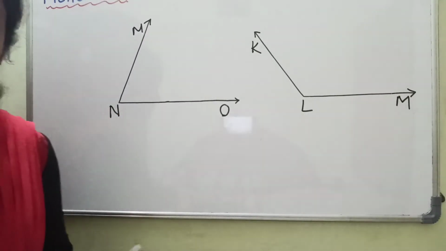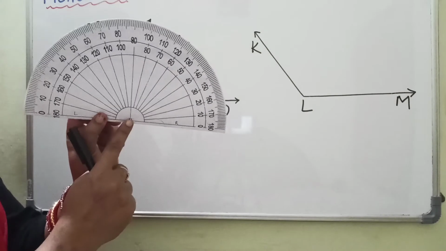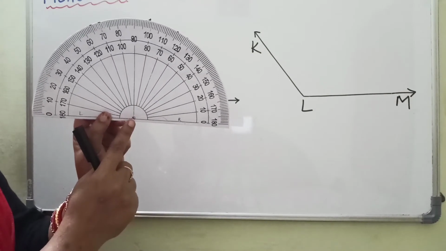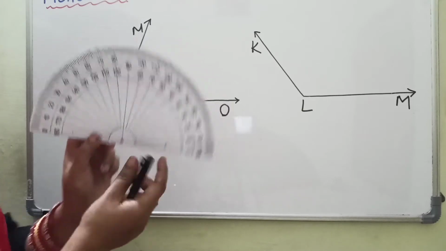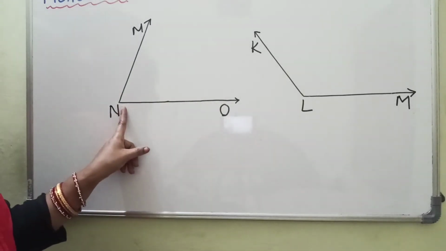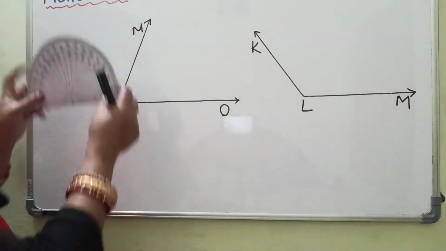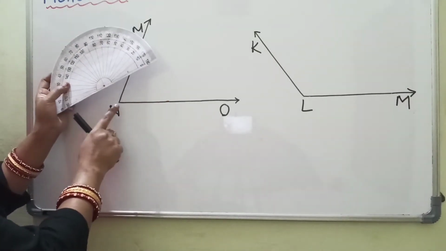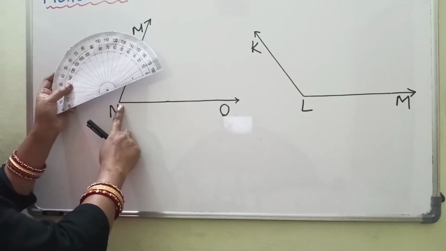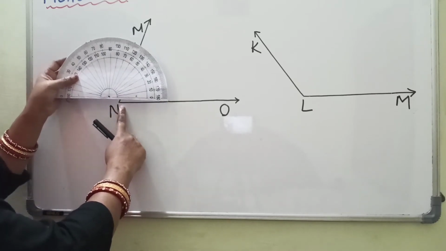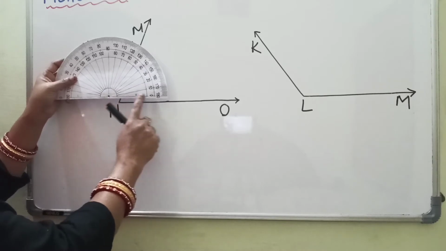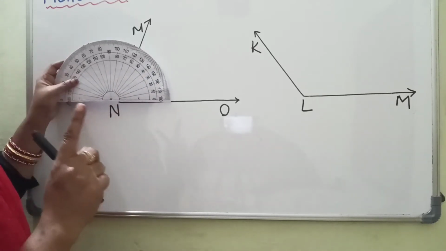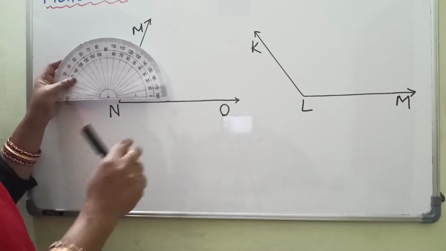So first step is, first of all you will try to place the center of the protractor on the vertex of the angle. So here I am trying to place the center of the protractor on the vertex of the angle, and slowly I will try to adjust my protractor in such a way that the base line of the protractor will coincide with any one of the arm of the angle.